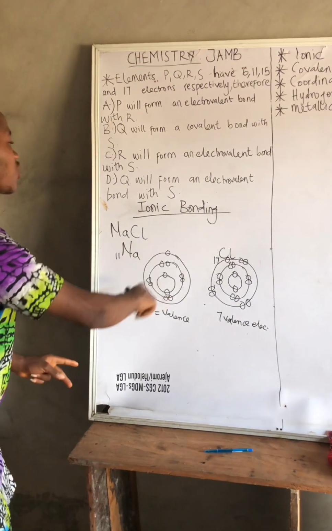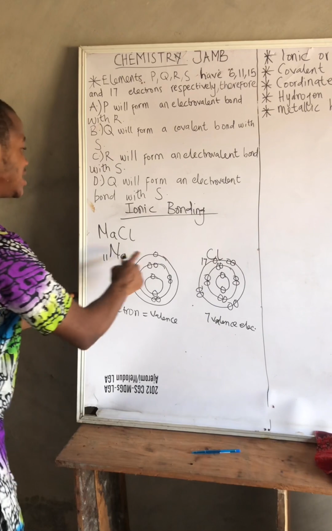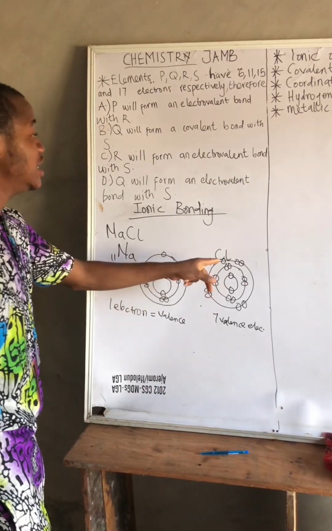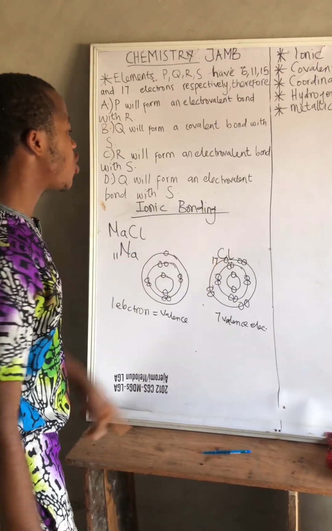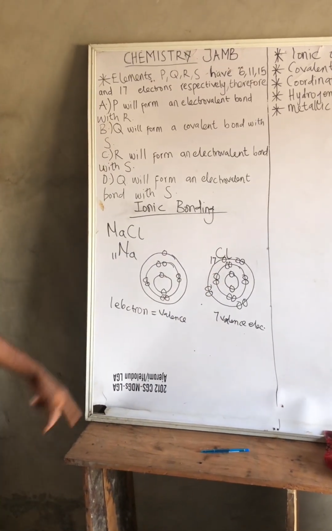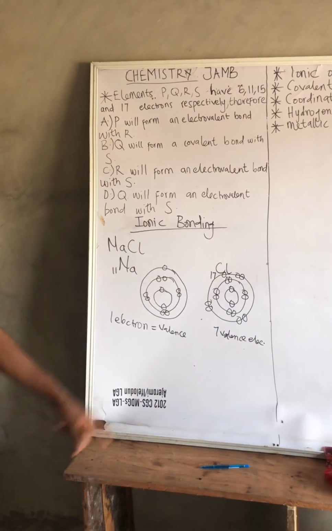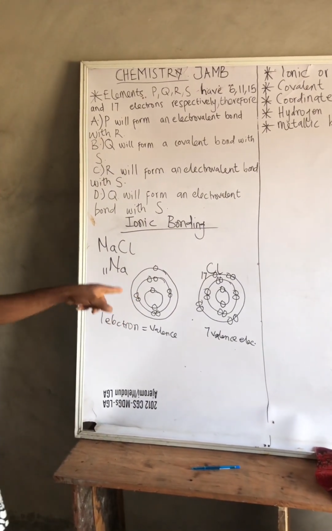For these 2 different atoms to bond together, there needs to be stability. Chlorine needs one more electron to complete the octet and make 8. Sodium needs to lose one electron to gain stability so it can form an octet too.